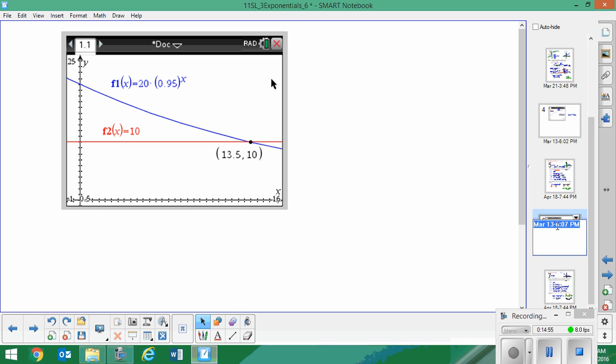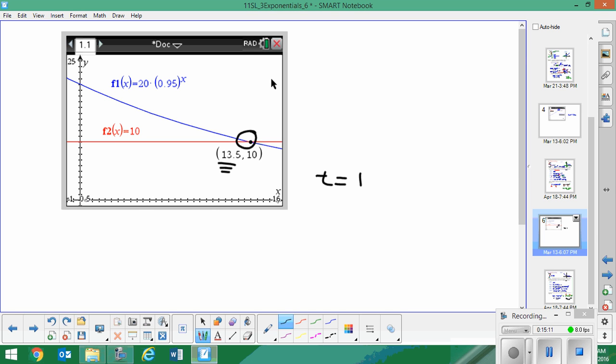So, when you graph that up, I did a graph of 20 times 0.5 to the power of x, and our second function is equal to 10. Here's our point of intersection. Remember, it's the x value that we're after. So it happens at time t equals 13.5 hours. So I think it was hours, not days.